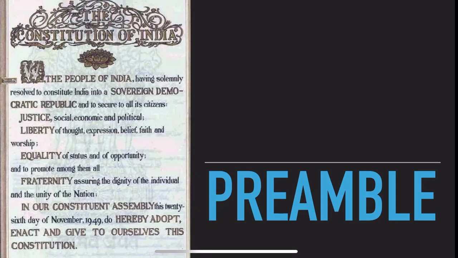So as you can see here, it is the preamble of our Indian constitution. The preamble reads as, "We the people of India, having solemnly resolved to constitute India into a sovereign, socialist, secular, democratic republic, and to secure to all its citizens justice, social, economic, and political, liberty of thought, expression, belief, faith, and worship, equality of status and opportunity, and to promote among them all fraternity, assuring the dignity of the individual and the unity and integrity of the nation.